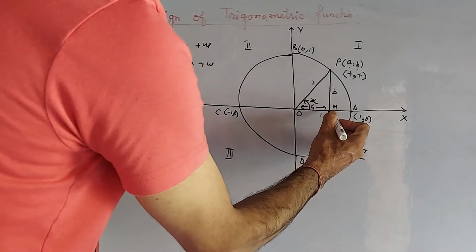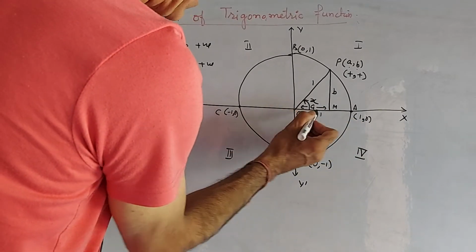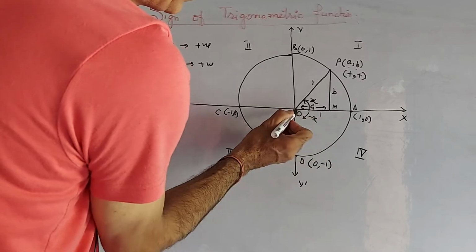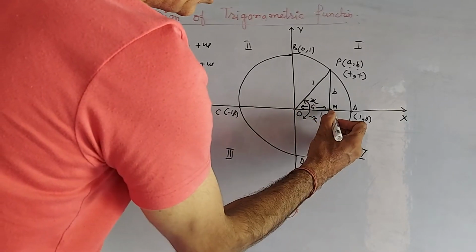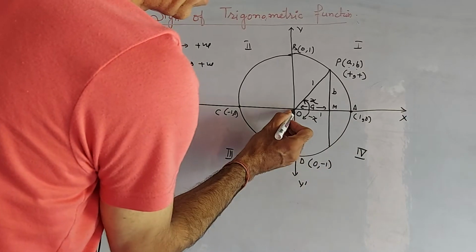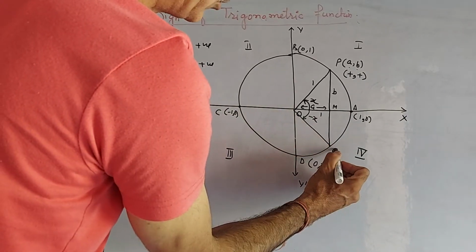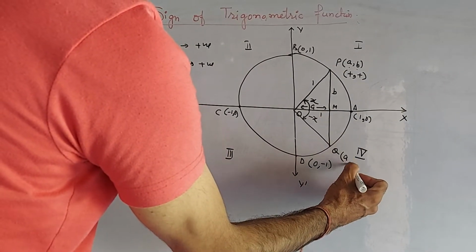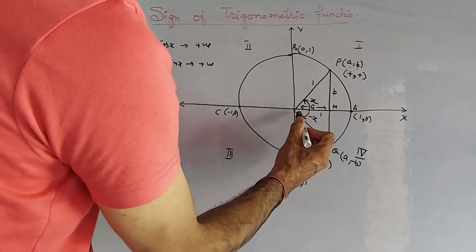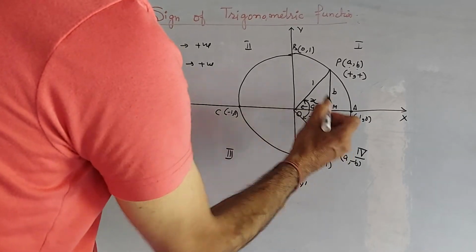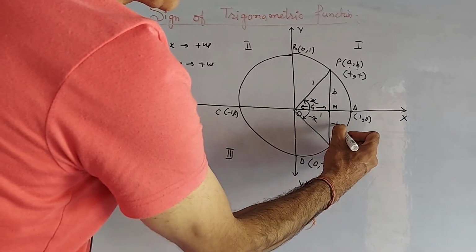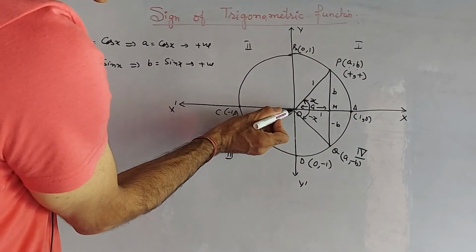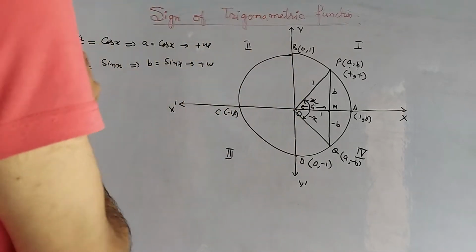Now if we take the angle in the clockwise direction, then the angle will be minus x. So by symmetry we can draw a diagram like this. Let this be Q. Then the coordinates of Q will be (a, -b), because in this direction the value is positive and this is negative. b will be negative from this to this, because the y coordinate is negative in the downward direction.